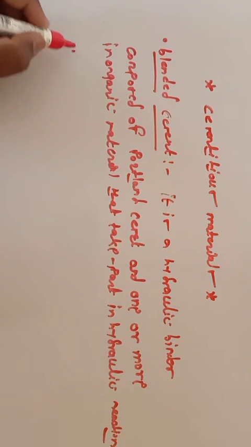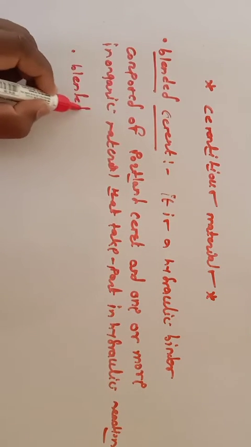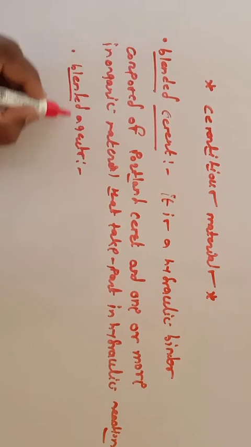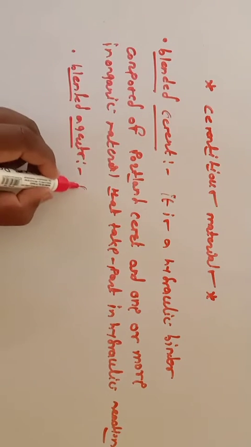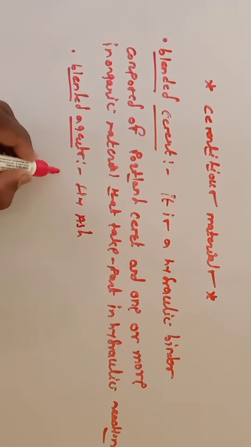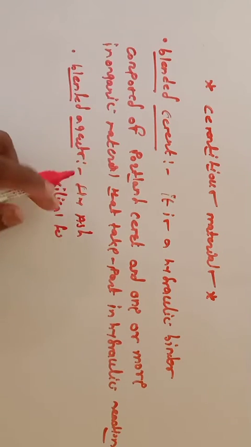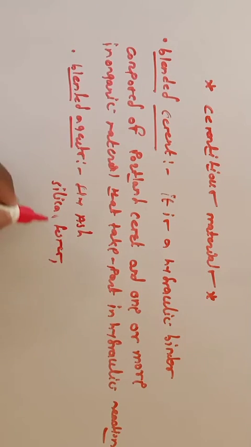So these are the blended agents or inorganic materials, such as fly ash, silica fumes, calcined clay, limestone, and slag.